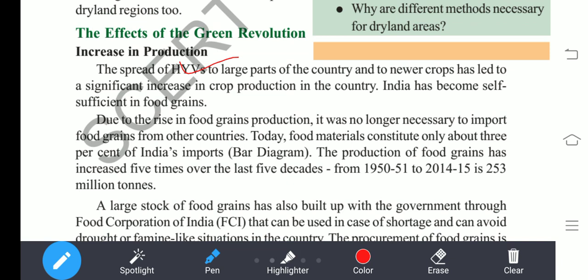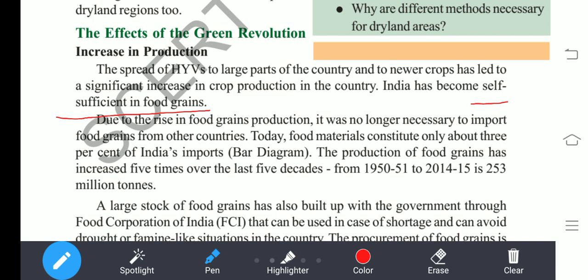The green revolution, in which HYV seeds are used, helped India turn self-sufficient in food grains. Dear students, self-sufficient in food grains refers to India standing on its own in the amount of food grains.